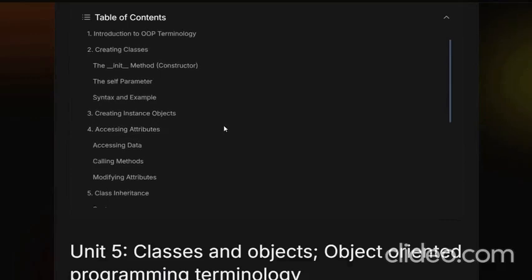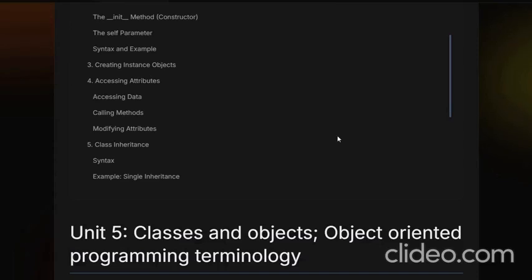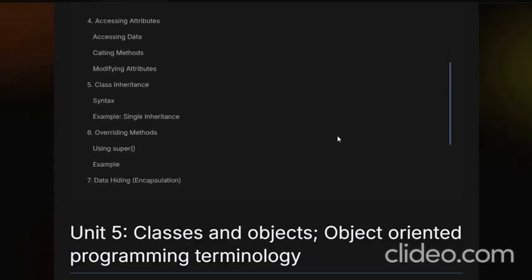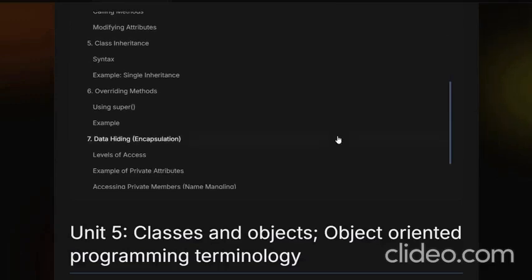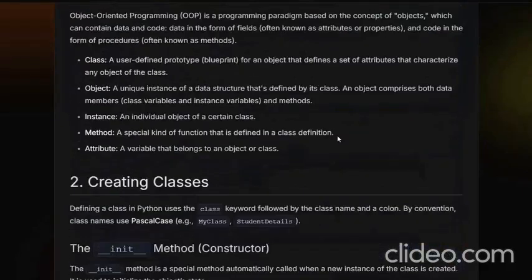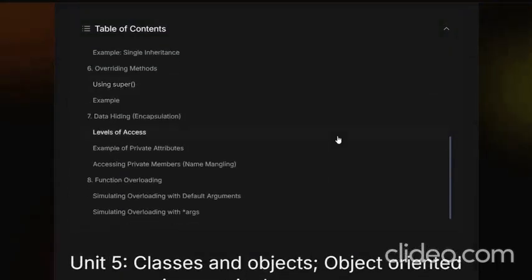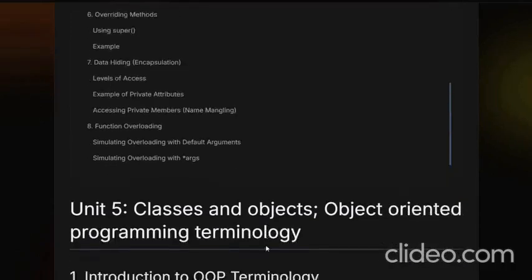Today, we discuss unit number 5, which has these topics: object-oriented terminology, data hiding, encapsulation, the use of classes, what are objects, and so on, and the super method.